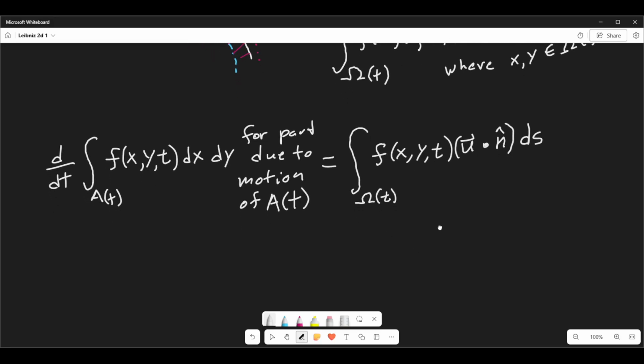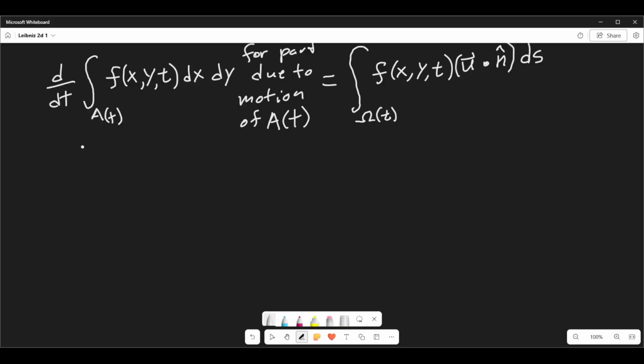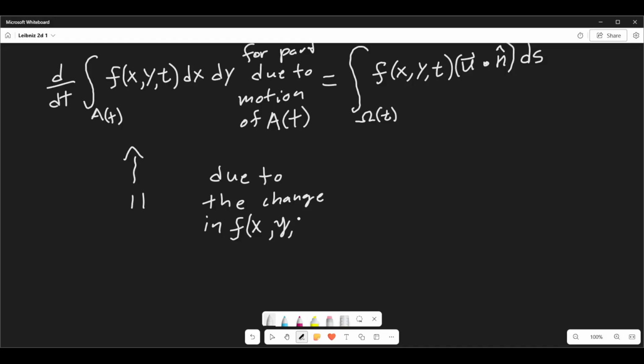And then the other part of the integral was basically the same thing, but this is due to the change in the function itself, because the function itself changes shape with time.